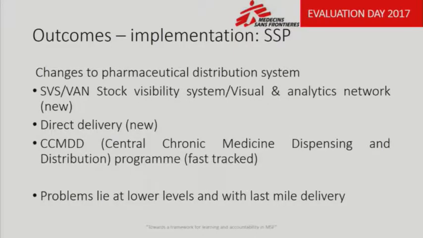In terms of the implementation outcomes or the system changes, there have been a number of significant changes that were either initiated or fast-tracked as a result of the Stop Stock Out program.